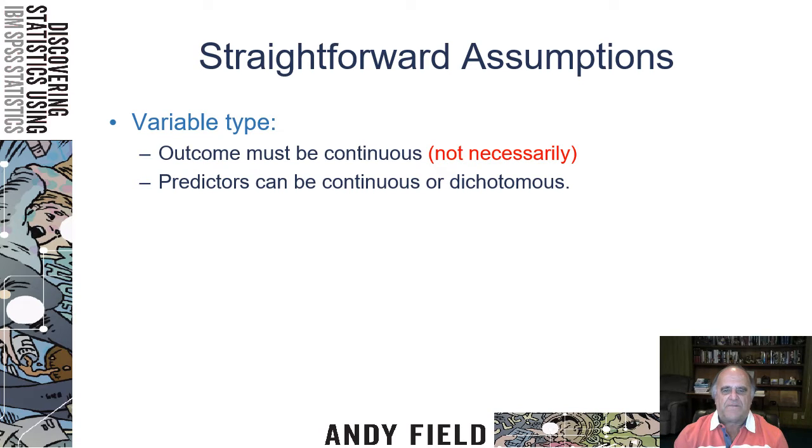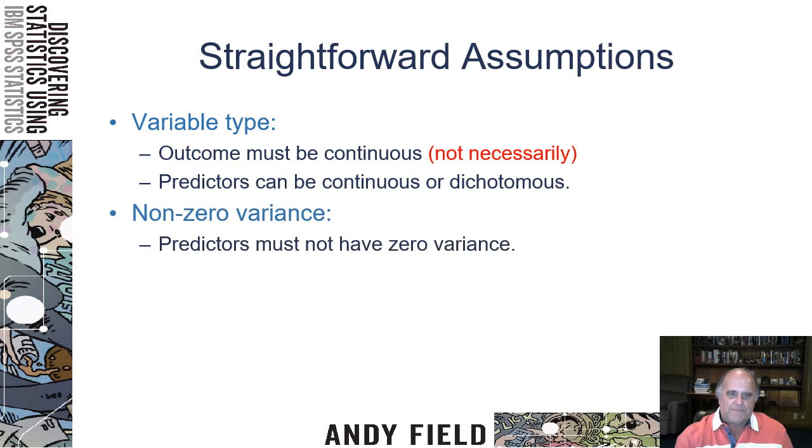But the predictors can be either continuous or dichotomous, or they can be categorical. But if they're categorical, then you need to code them in some way to put them into the model. Non-zero variance, that's sort of a given. Your predictors must not have zero variance. If they have zero variance, they're not going to predict anything.